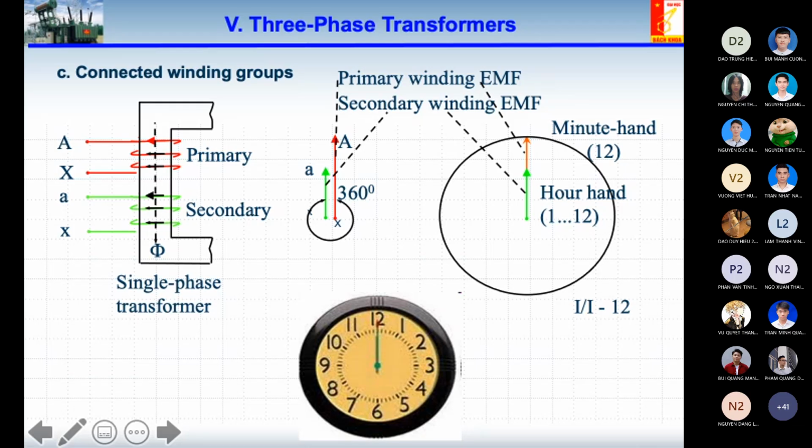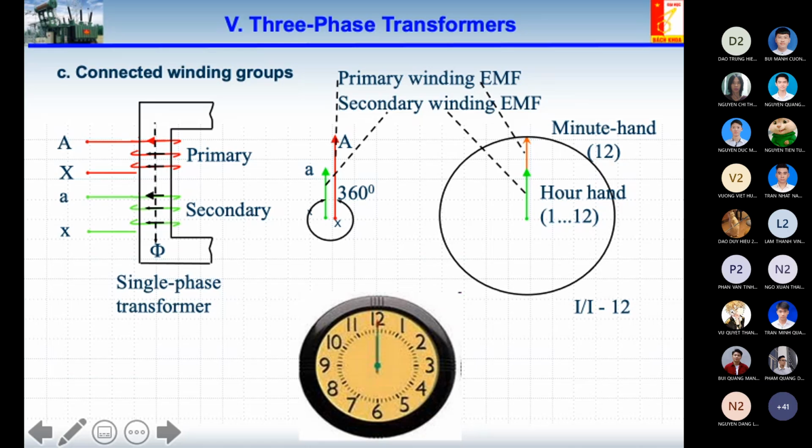Here, have a look at the figure on the left-hand side. You can see the single phase transformer with the primary winding, which can be high voltage or low voltage, drawn in red, and of course the secondary winding in blue.